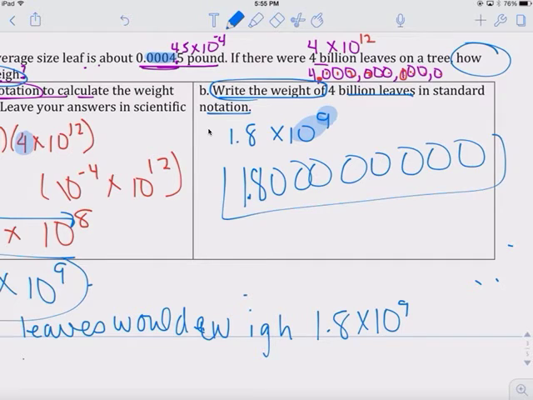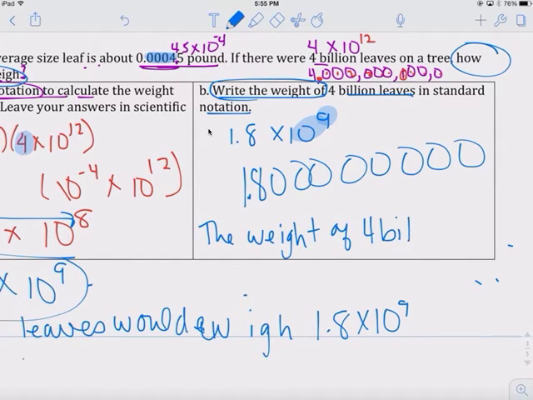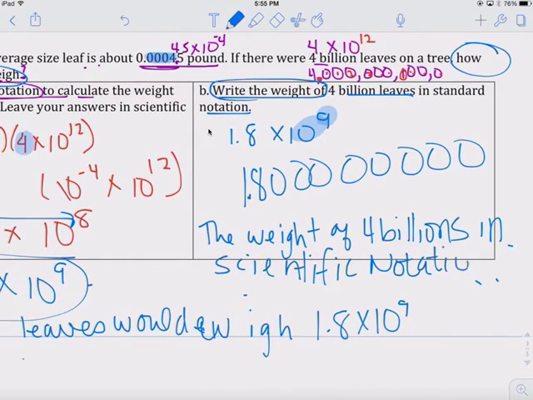Okay, that's your answer. The weight of 4 billion leaves in standard notation is 1,800,000,000 pounds.